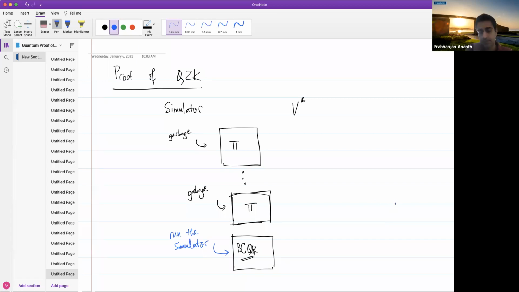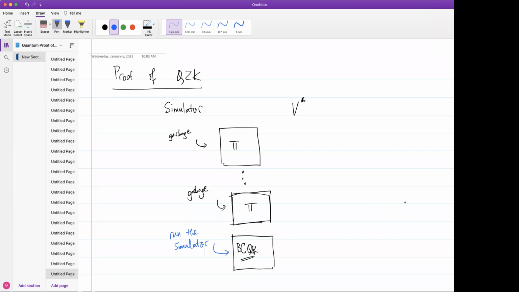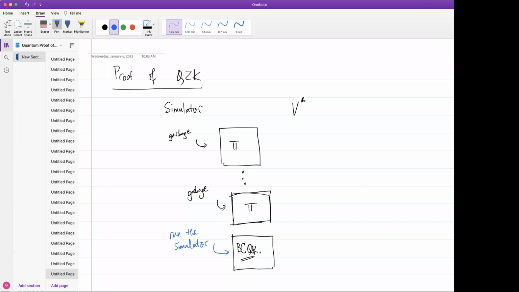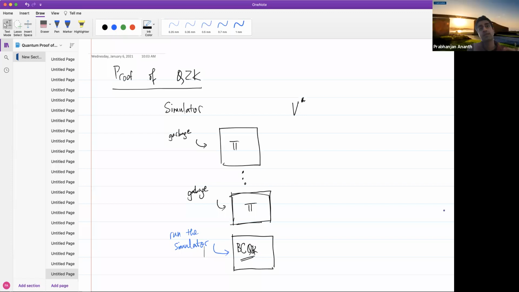Sorry, I missed something, because the concurrent zero knowledge that you plug in at the end is just going to be secure only against a classical verifier, no? No, I'm going to use a bounded concurrent quantum zero knowledge proof system. But isn't that what you're trying to construct? I'm going to construct bounded concurrent quantum zero knowledge proof of knowledge.